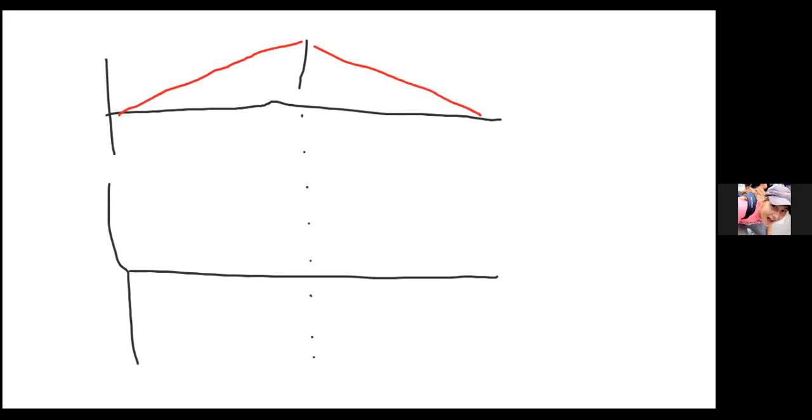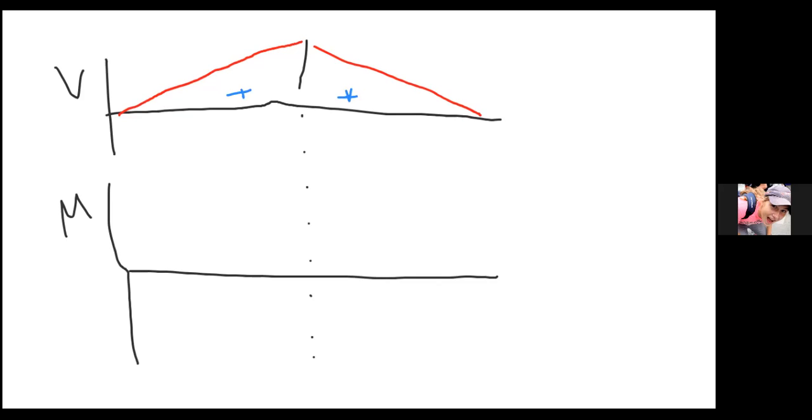I'm not sure the exact situation, but something along these lines. We know that our moment is going to look quadratic, parabolic. These are both positive, right? So I know I'm just going to keep increasing this whole time.